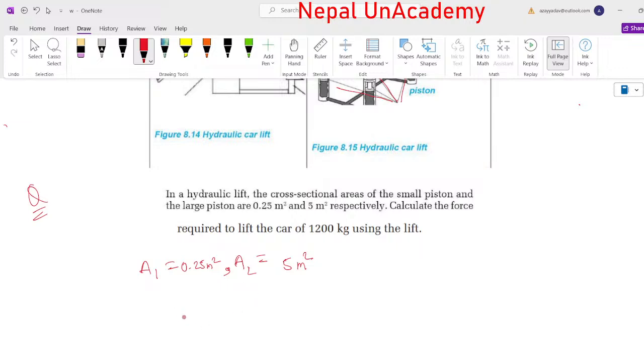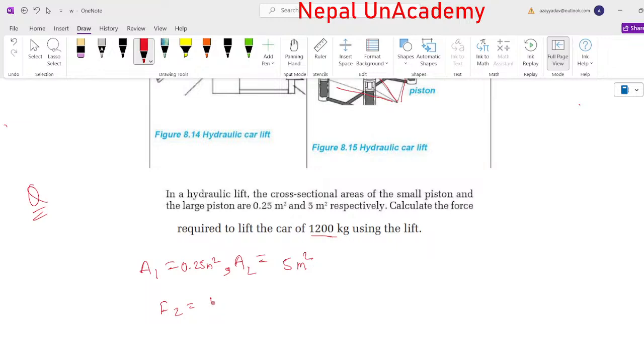We are given that we have to calculate the force required to lift the car of 1200 kg using the lift. So this is the mass in kg, and what will the weight be? Force is the weight which is used to lift.